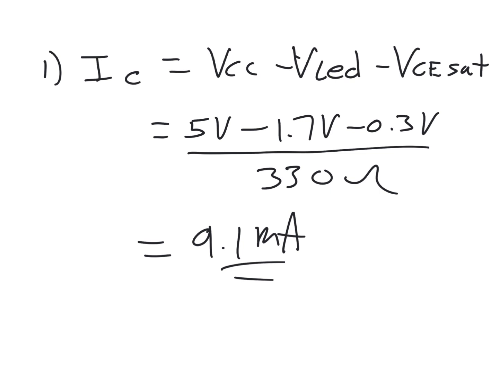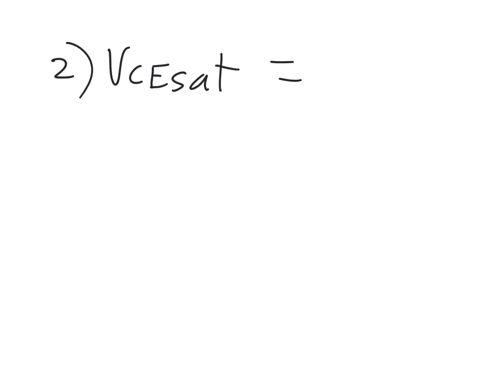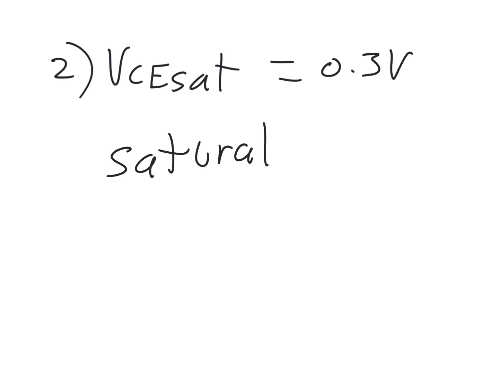Okay, step 2. Then we're going to say then, because the VCE SAT is equal, we want it to be equal to 0.3 volts. If you look back at the collector characteristic curve, okay, we are well under 0.7.